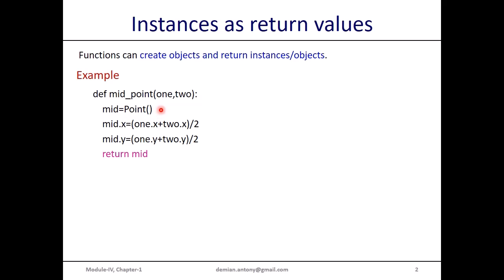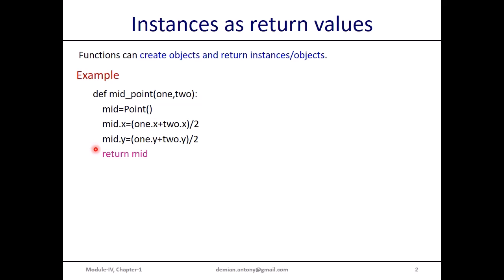We are creating a new object in the function, and then we assign values to the attributes x and y of this new object, by taking the average of the x values of objects 1 and 2, as well as the average of the y values. These become the state of this new object that is created in the function.